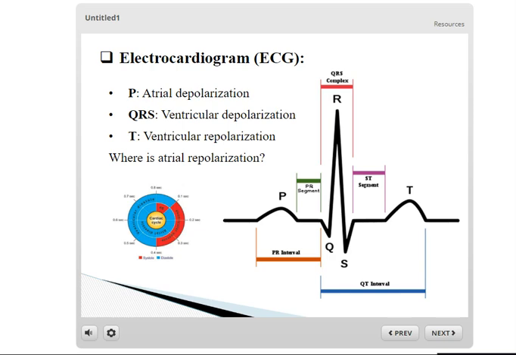The atrial repolarization wave, known as the TA wave, is usually small and merges with the baseline, making it difficult to identify. So while the other major ECG waves, P, Q, R, S, T, are clearly visible and represent important electrical events, the atrial repolarization wave is not easily discernible in a typical ECG.